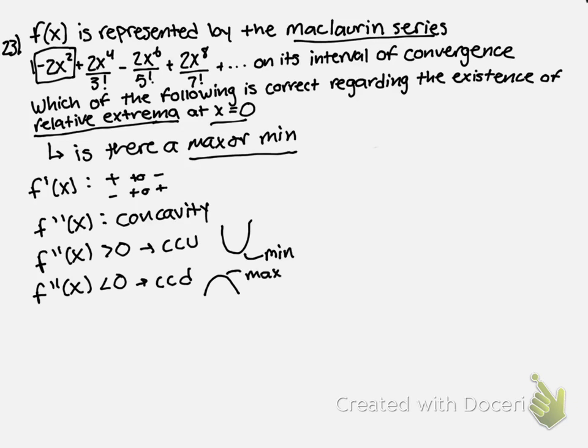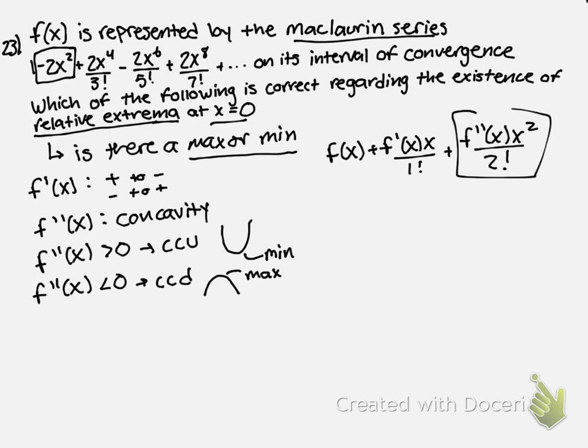So for this one, in order to solve for our f double prime, we have to look back at our Maclaurin series and how it's defined. We know that we have f of x plus f prime of x times x over 1 factorial. And what we really want to know is f double prime of x times x squared over 2 factorial.